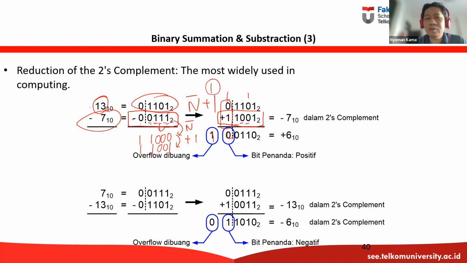But in two's complement, if there is a carry like this, we just need to throw it away. And then this is actually the result. It's positive 6.